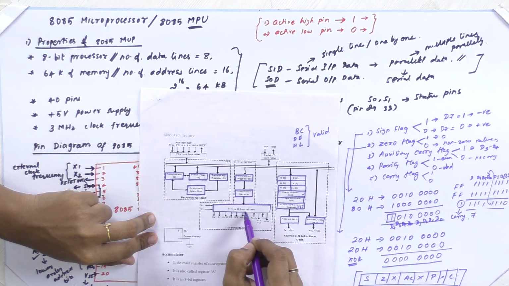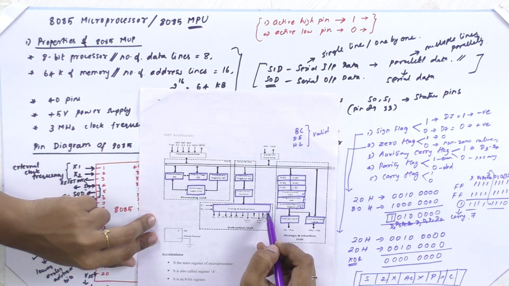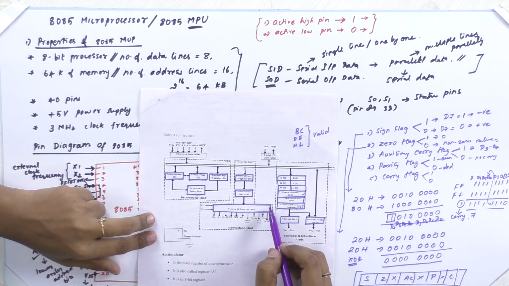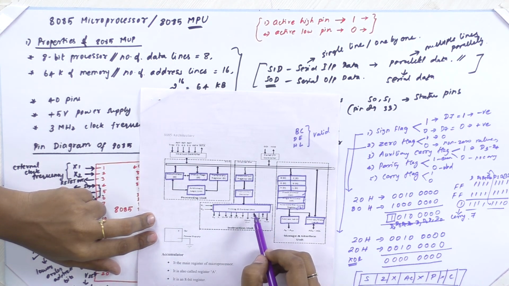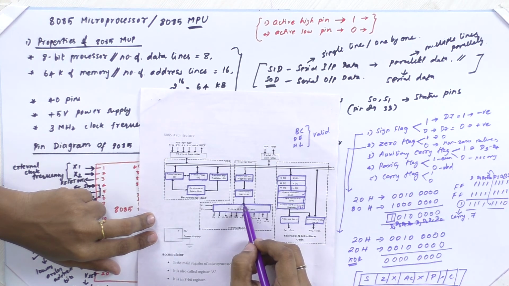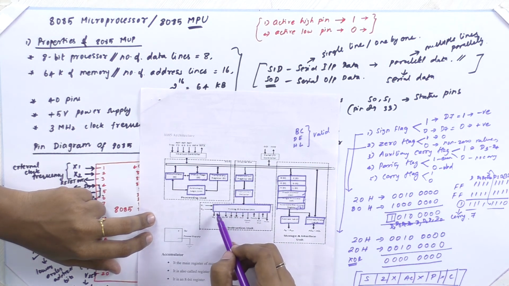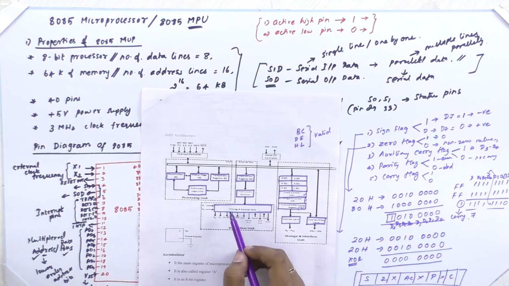So this timing and control unit is responsible for all the timing and control activities that will happen within this processor. Whenever the number of machine cycles is received for a particular instruction, it will be further divided.